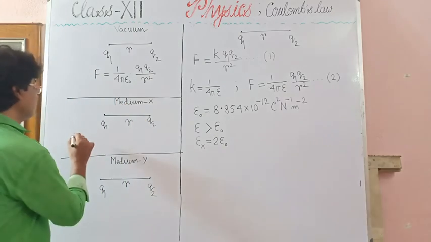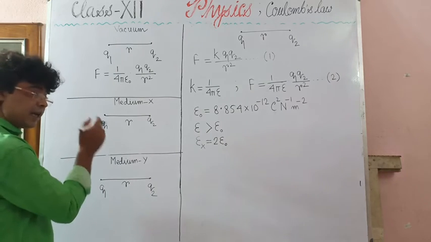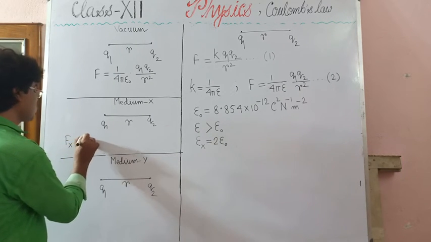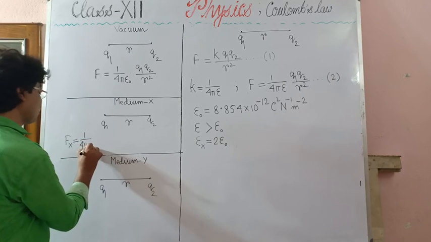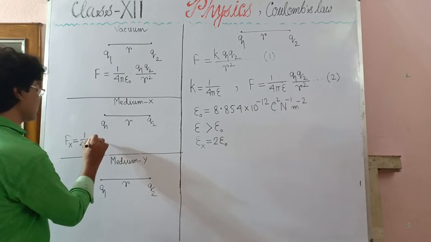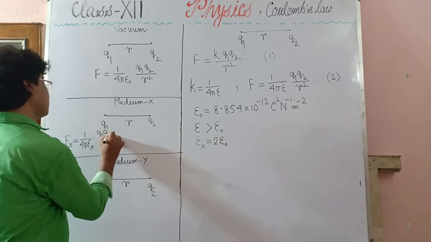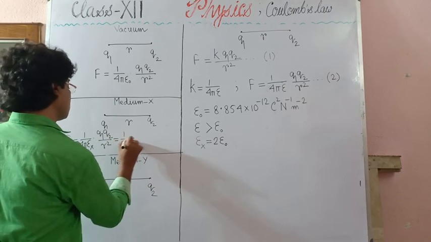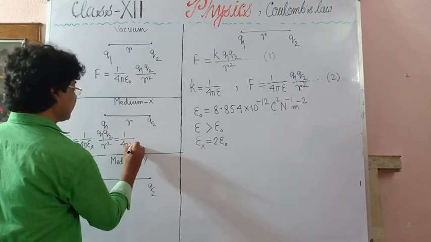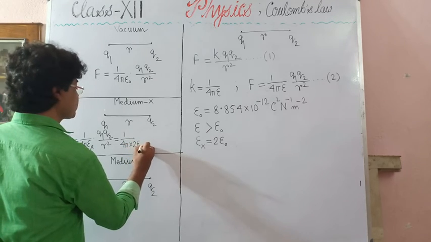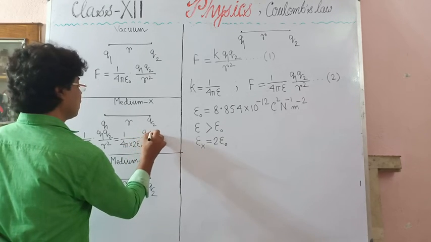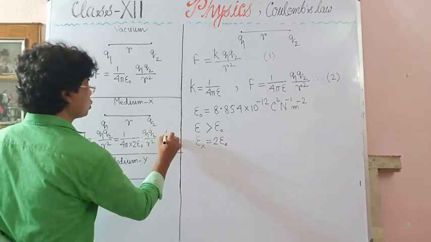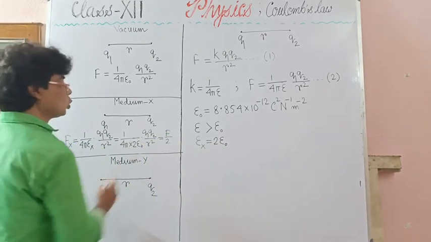Suppose the electrostatic force here is Fx. So Fx equals 1 by 4 pi epsilon x, Q1 Q2 by R square, equals 1 by 4 pi 2 epsilon 0, Q1 Q2 by R square, equals F by 2.